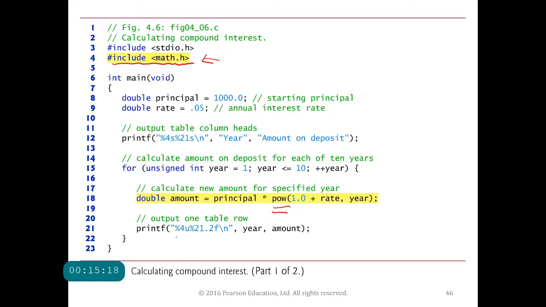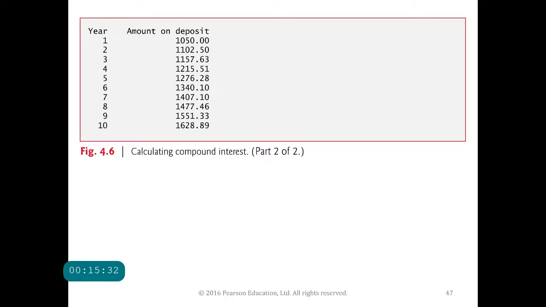Okay, and so then we go ahead and print the year and then we print the amount using a printf statement. So let's look at the output. There are a few more things in this program that I want to cover. So what do you see? You see year 1, and then you see the amount of deposit, which is 1050.